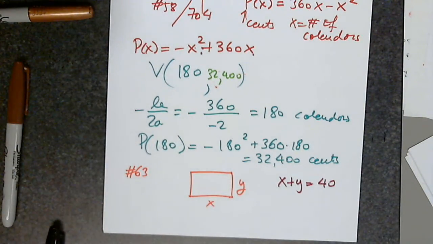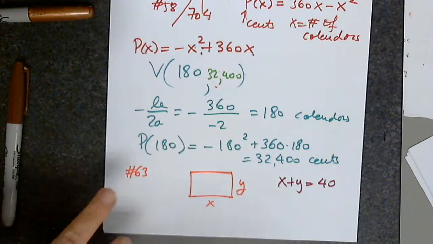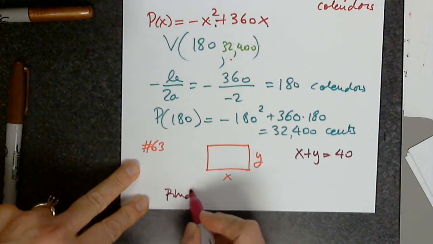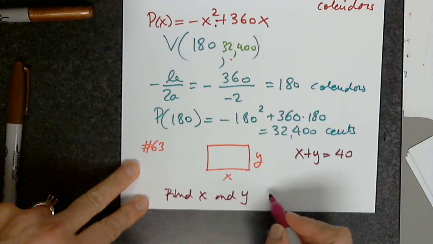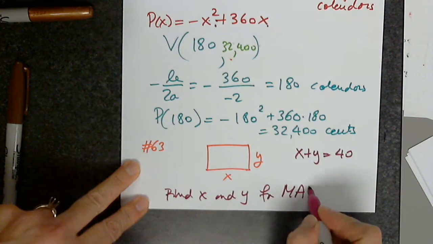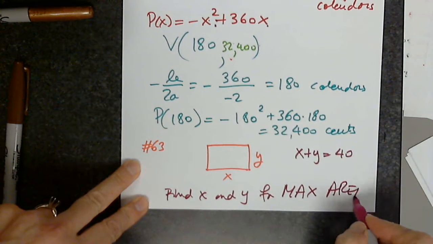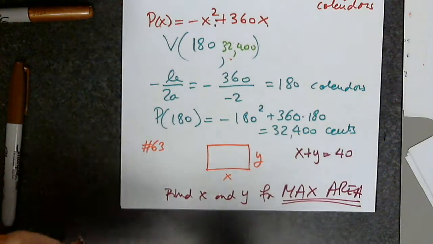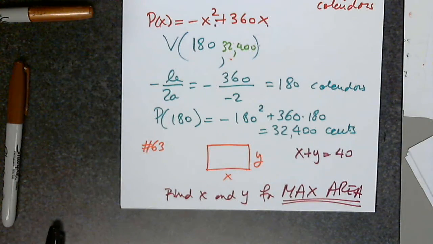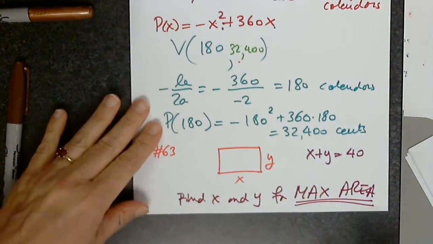Perfect. Find the dimensions of the rectangle that will have the maximum area. Find X and Y for max area. Find the length and the width for max area.